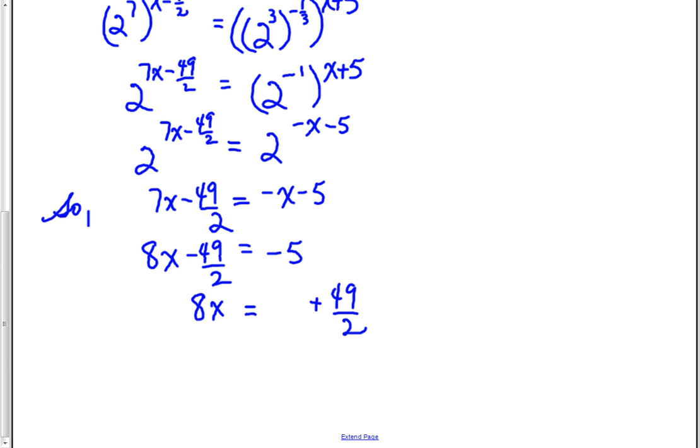And since I'm going to be adding two things, I need a common denominator. I'm just going to make my -5 as -10/2. 8x equals 39/2. Divide both sides by 8, 39/16. Bet you didn't know that answer by inspection.